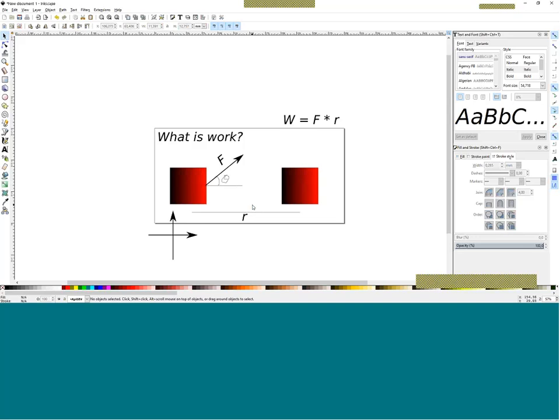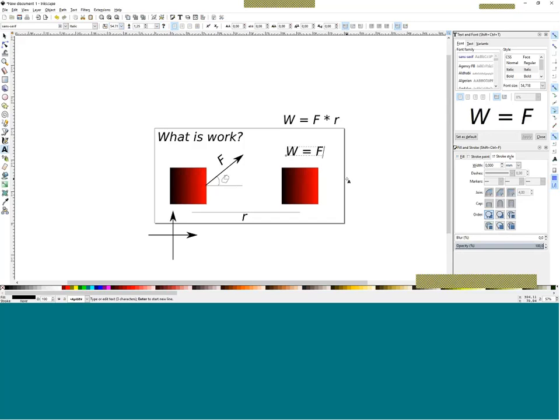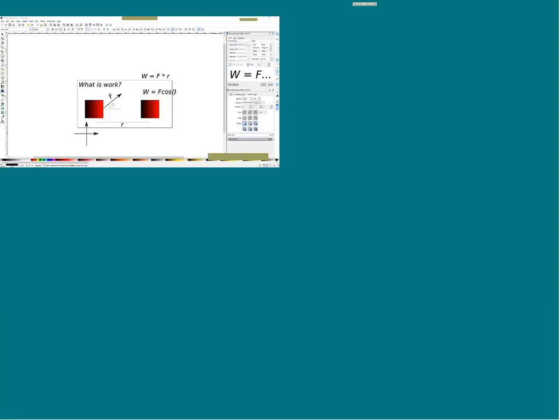So somebody said this time use sine. Agree with that? Ah, cosine, sorry. Okay. So everybody's saying the work is equal to force times cosine theta. I have to write it in terms of theta.